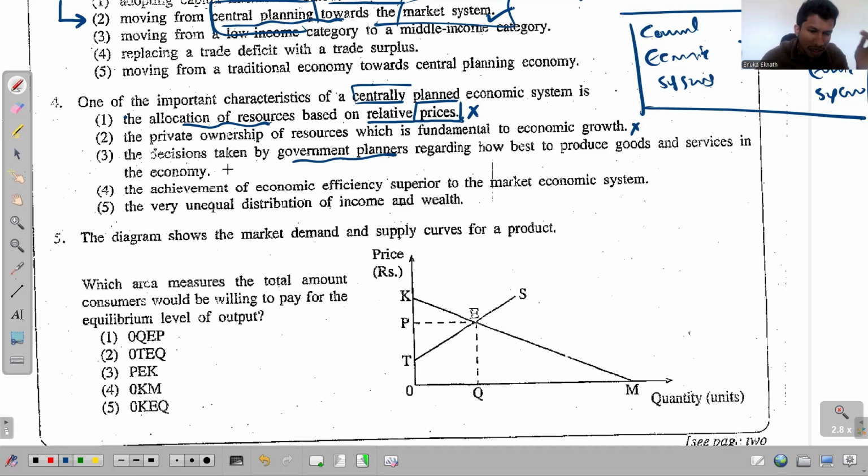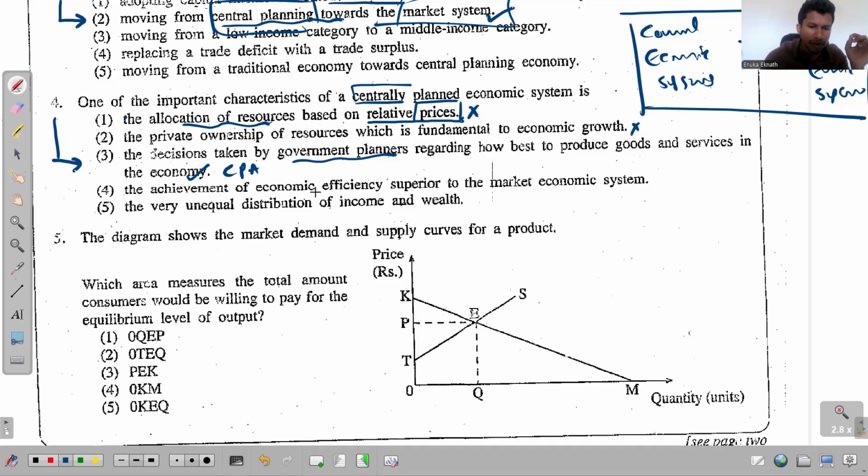So this CPA, the Central Planning Authority, will decide what to produce in what quantity, how to produce, and also even whom to produce for. So this is one of the main qualities we see in a centrally planned economic system. So the answer for this question 4 is the third one. But let's go through the other two options.